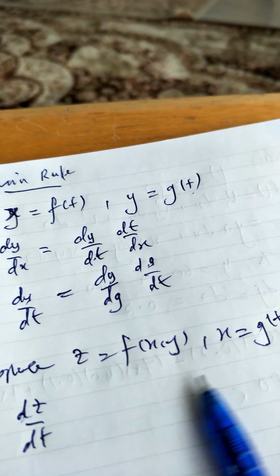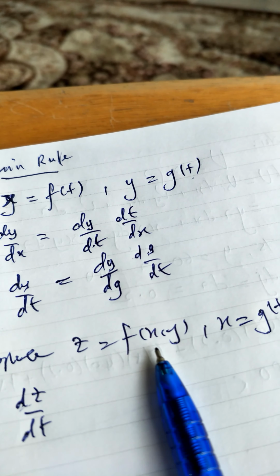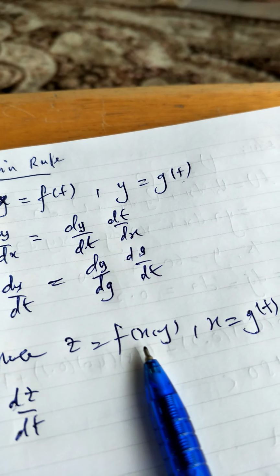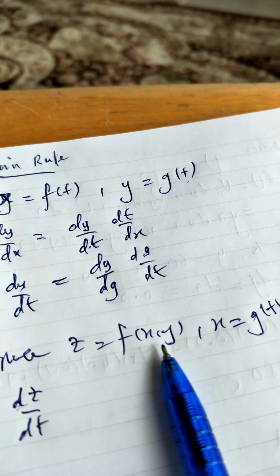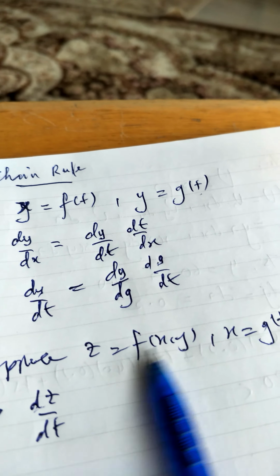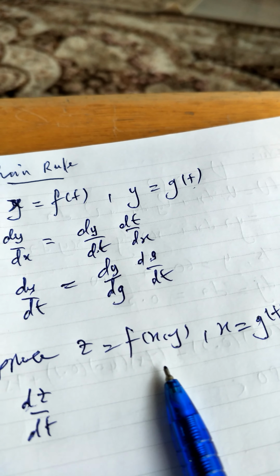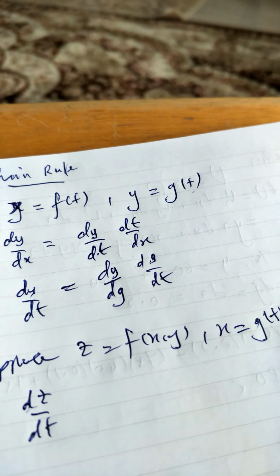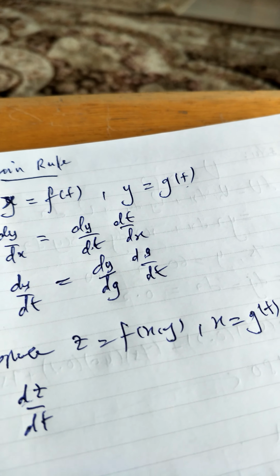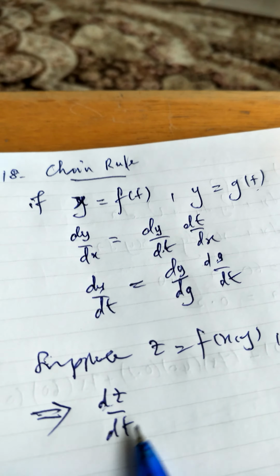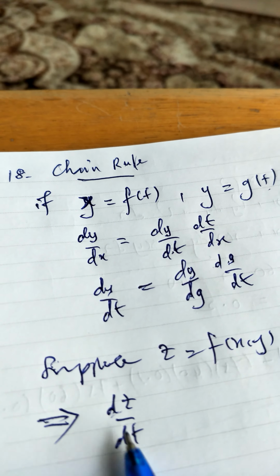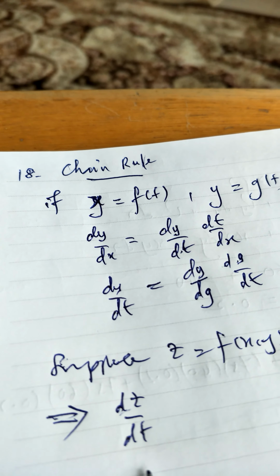So look at this function. The independent variable is x; z is a function of x and y, whereas x depends on t and y depends on t. Okay, so we can find the differentiation of z with respect to t.